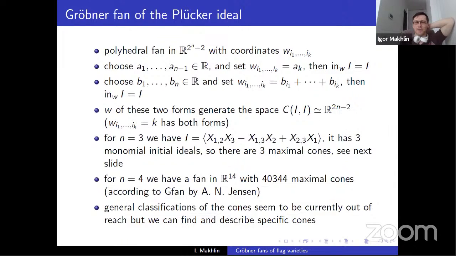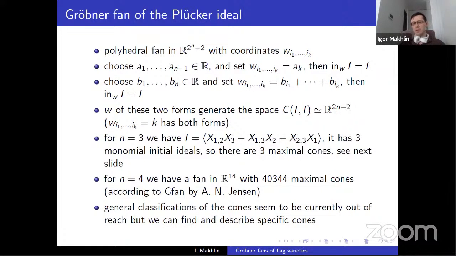But for n equal to 4, things go completely out of control. There is software to compute Gröbner fans, and you can compute the Gröbner fan for n equal to 4. It's an ideal in the polynomial ring in 14 variables, so 16 minus 2, and it is generated by 10 quadratic polynomials.